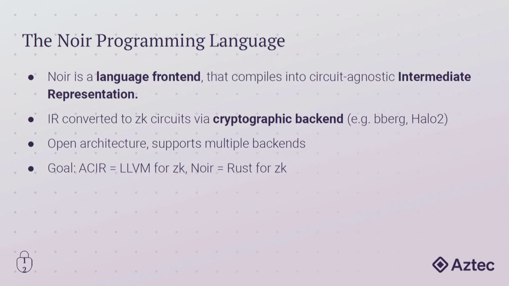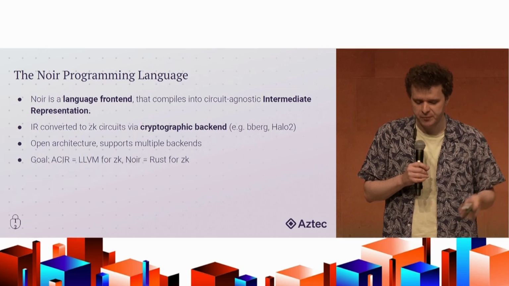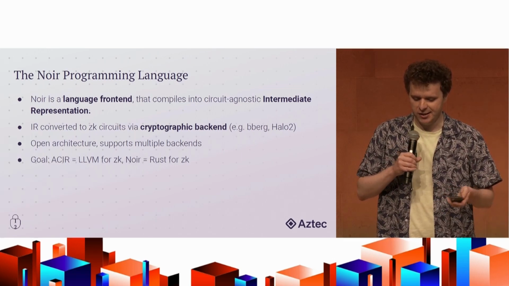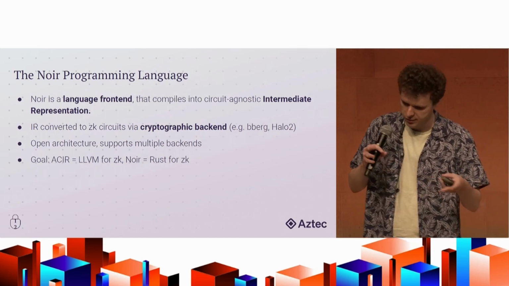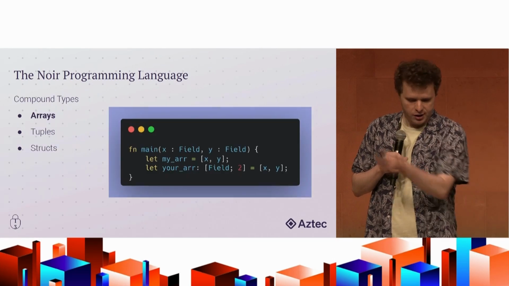It's a front end, basically, that doesn't compile circuits directly into constraints, it just compiles them into SR, and you can plug in any backend you want that supports SR. The goal is to be a completely open architecture, so that other folks can customize it to their needs, and plug in whatever cryptography they need to get their job done.